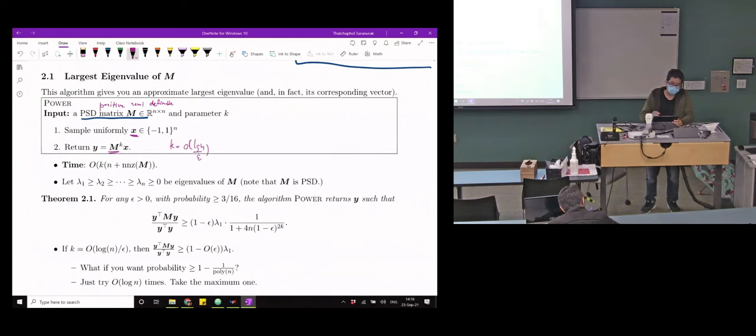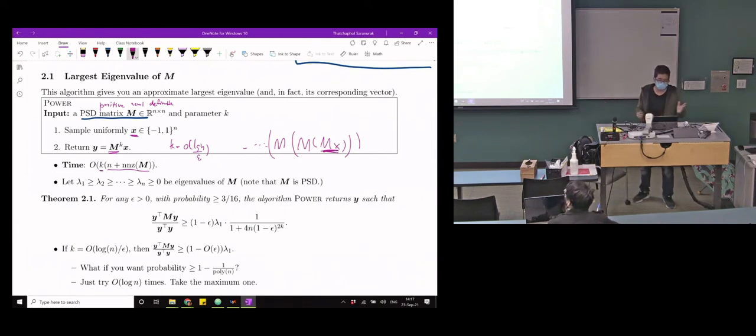If you compute M to the k first, that's not so fast, since matrix multiplication is bad. But what you compute is: you multiply the vector by M, and then multiply again, and so on. Each of these matrix-vector multiplications takes n times the number of non-zero entries of the matrix, and you apply this k times. So that is a very simple, very fast algorithm.